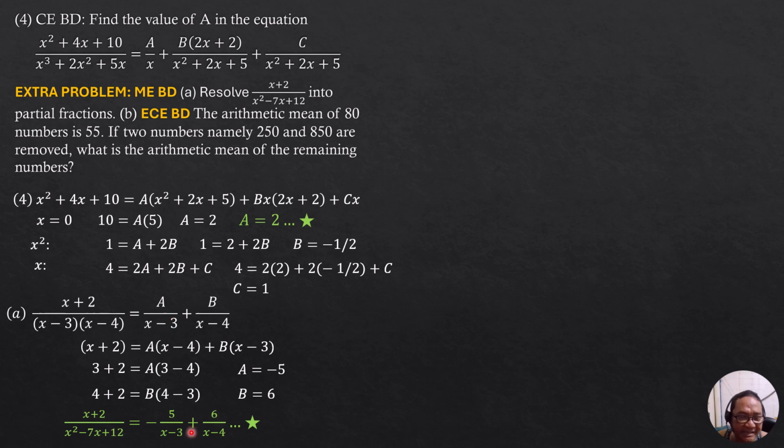So for instance, you may set x to a value that will make this equation defined. You cannot set x as 3 or 4 because this will be undefined for those values, dividing by zero.